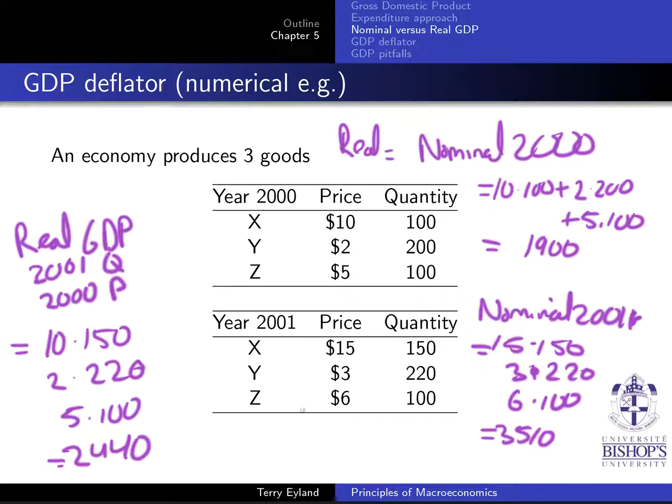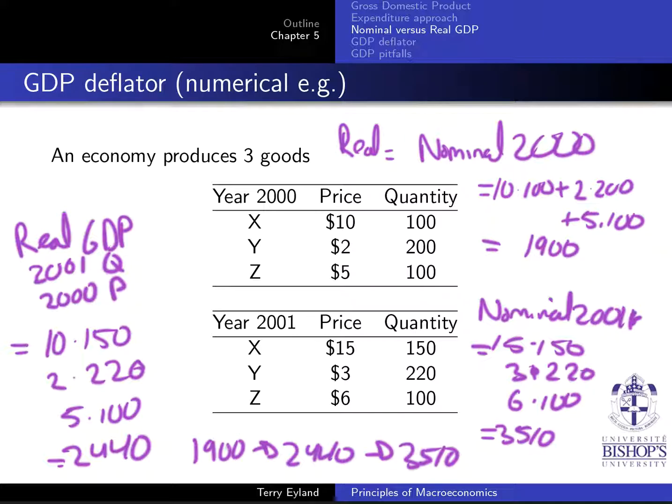Okay. So just to create a little bit of a segue, let's say I go from 1900 to 2440 to 3510. The big thing that I know is going from here to here, there's a change in both prices and quantities.